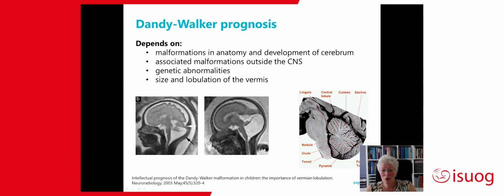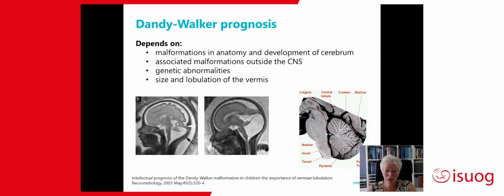The prognosis of the Dandy Walker malformation depends on if there are any malformations in the anatomy and the development of the cerebrum. Also, if there are associated malformations outside the central nervous system, if there are any genetic abnormalities. But what is also important is the size and the lobulation of the vermis. The more tissue has developed, the better the prognosis of the baby will be.